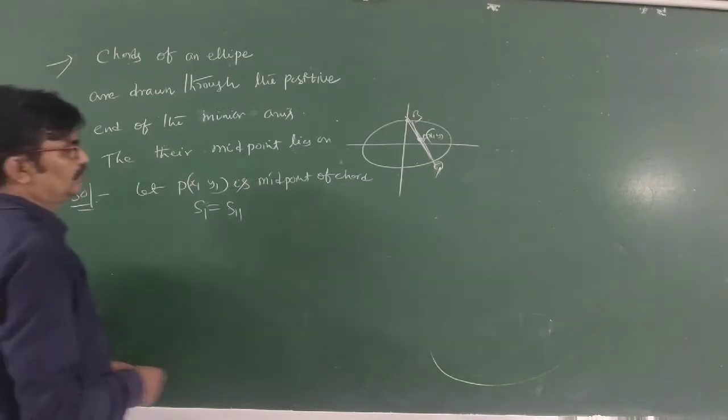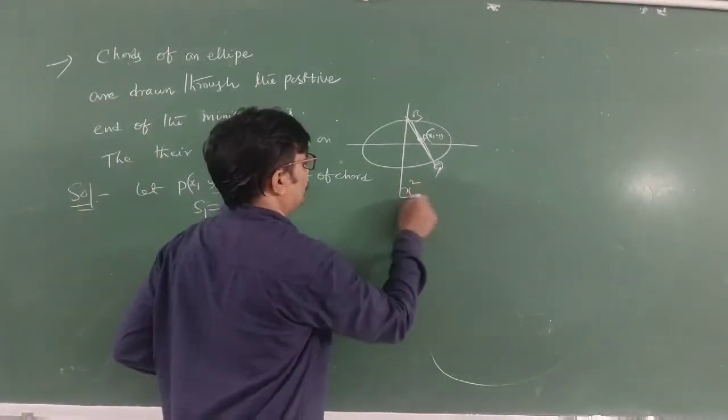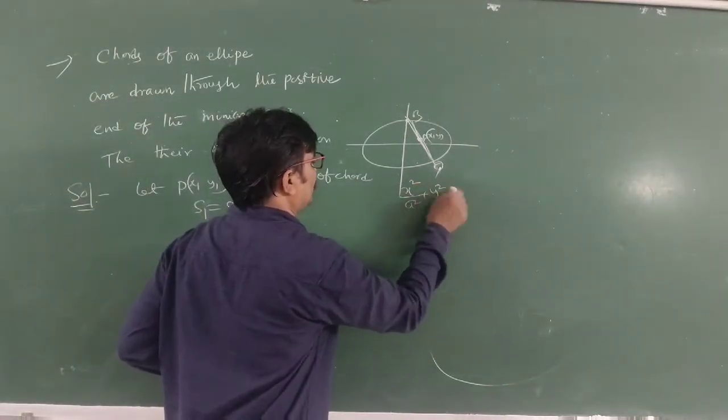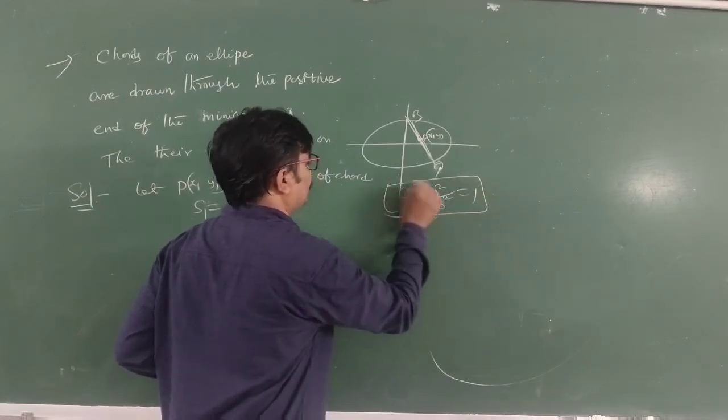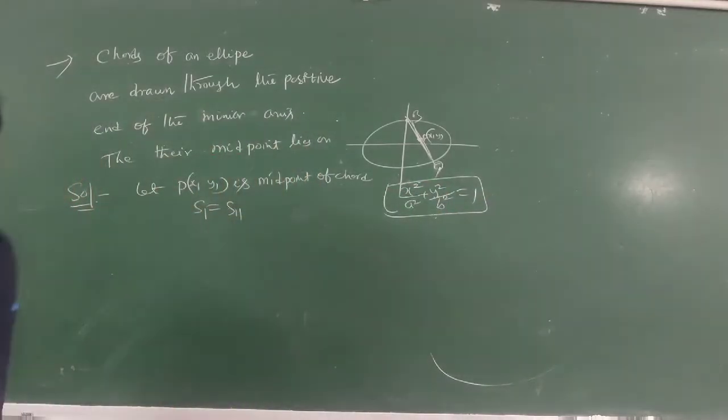Let the equation of the ellipse be x square by a square plus y square by b square equal to 1.